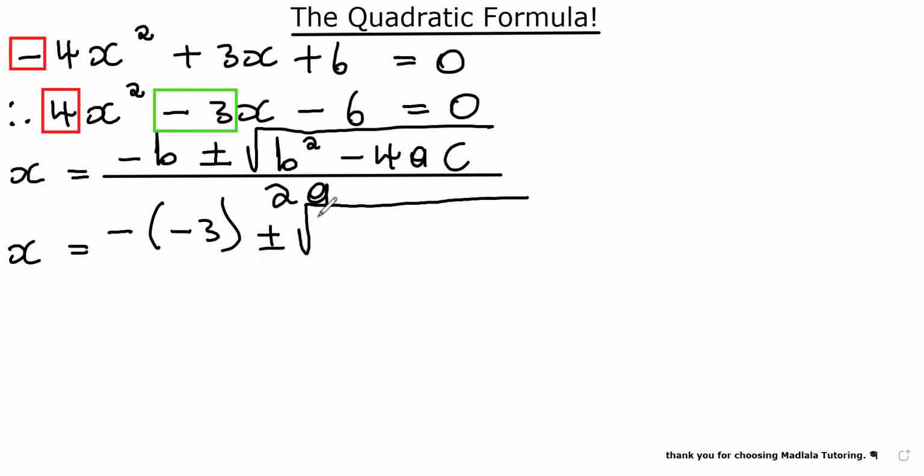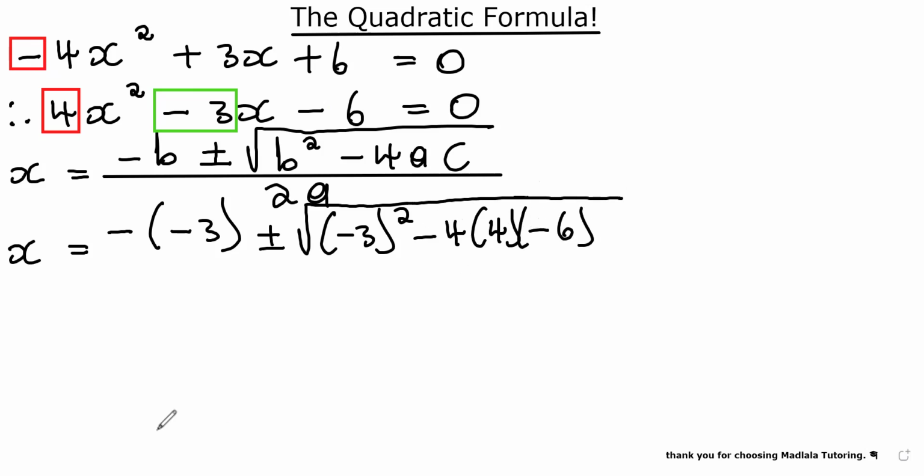Okay. Then we come back and say, well, b squared minus 4a, and then we say c, like this. And this entire thing is further divided by 2a. Of course, our a is just going to be 4.